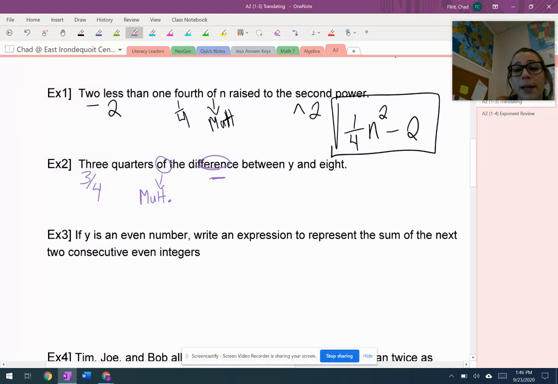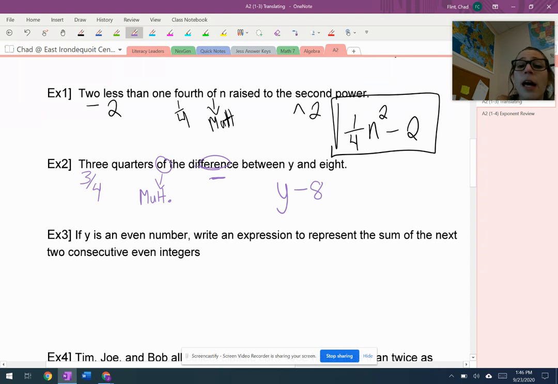So that's y minus 8. Before I take 3/4 of anything, I need to start with that difference of y and 8. So we've got y minus 8 for the difference between y and 8, and then we want to take 3/4 of that.